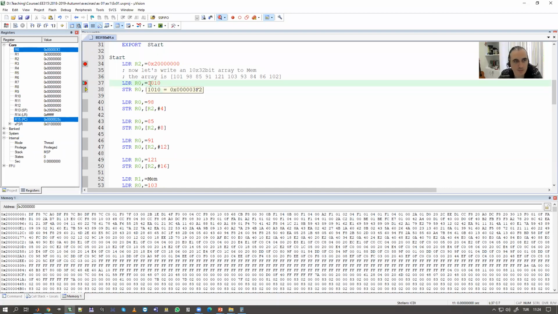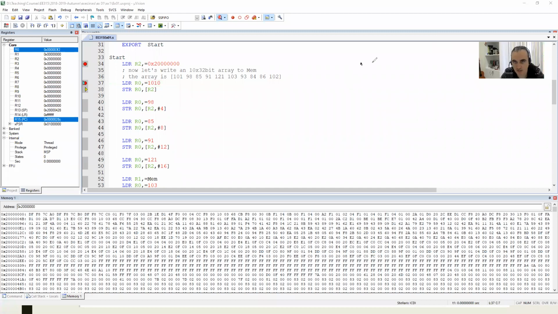Now here comes the fun part. I have the yellow triangle here. So if I press F10, it's going to execute it. What is it going to do? Let's do it theoretically first. Guys, sorry. Okay, this is the memory, okay? These are the memory cells. And these are the memory address locations.